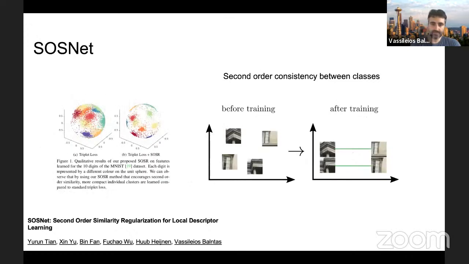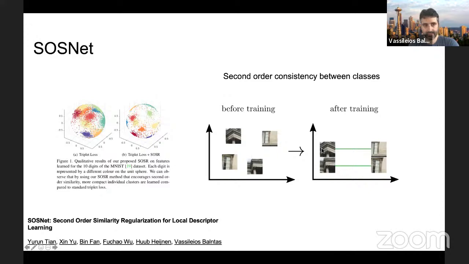So the idea here is, let's say your patches before the training are all over your descriptor space, so they don't have any meaningful relationship with each other. So these two you see are closer, although this is clearly the same as this.